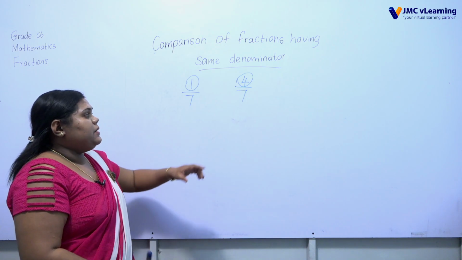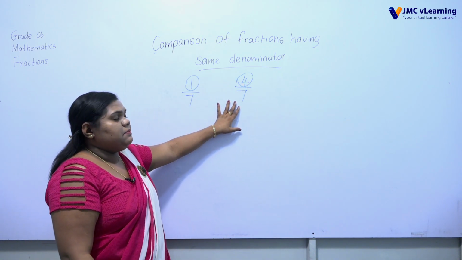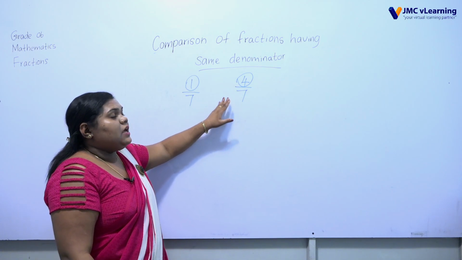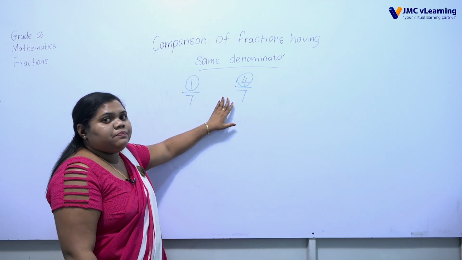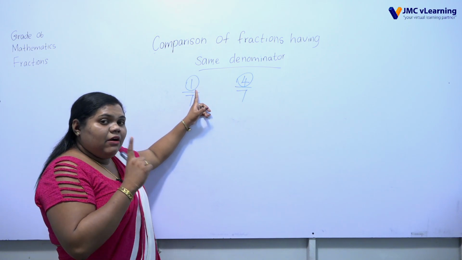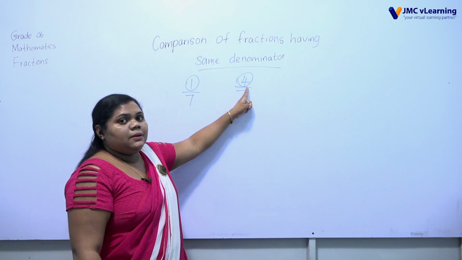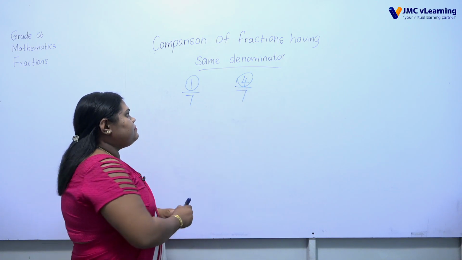If a fraction has a big numerator, that fraction shows the bigger one. Here we have one part, but here we have 4 parts. It means this is the bigger fraction.